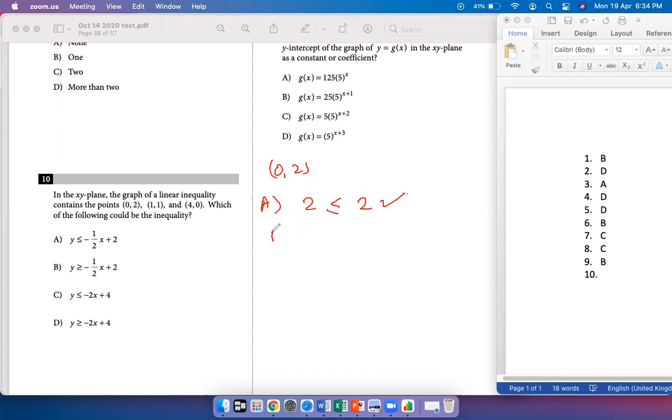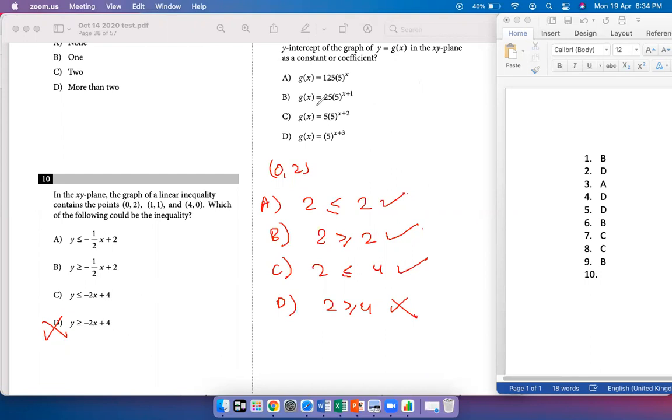So A is possible. B, 2 is greater than or equal to 2, which is also possible. C, 2 is less than or equal to 4, which is possible. And D, 2 is greater than or equal to 4, which is not possible. So I can eliminate D based on the first one.